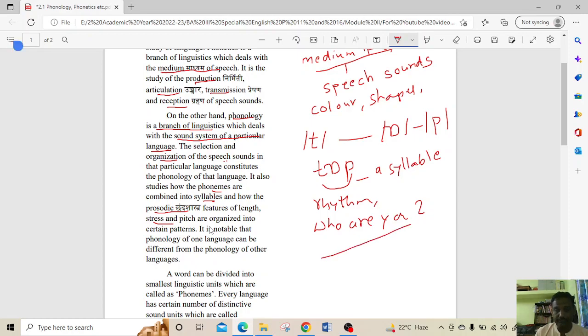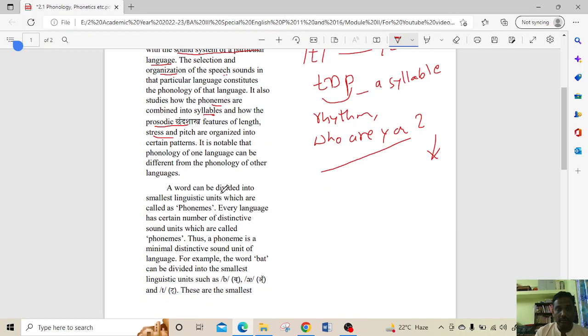Who are you? In this way. The falling pitch is not accepted in English. So all these features of language, especially the articulation of a particular language, are studied in phonology.